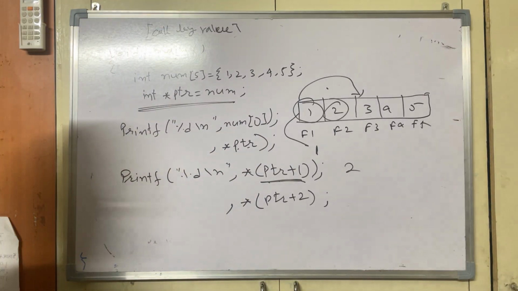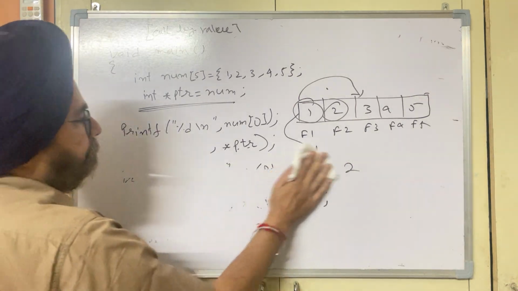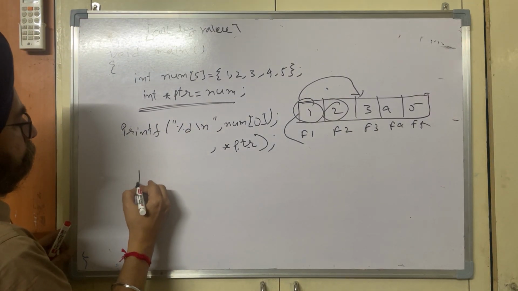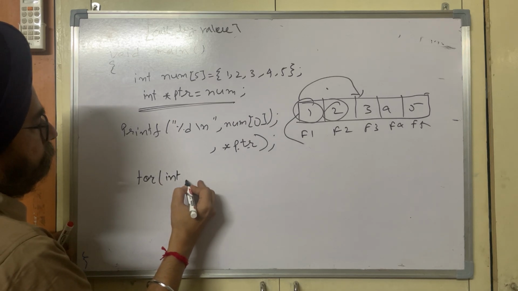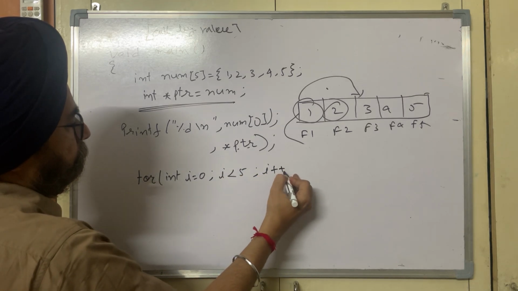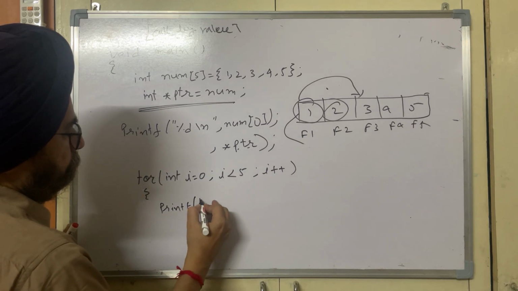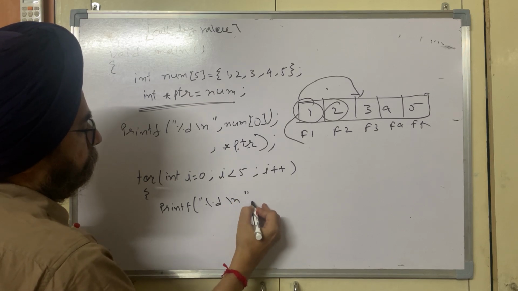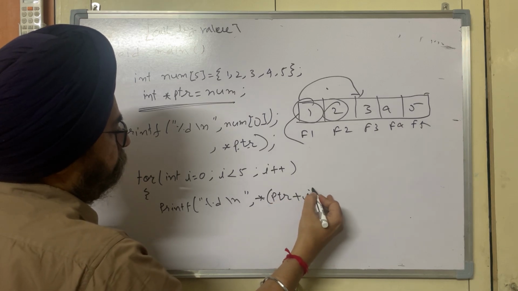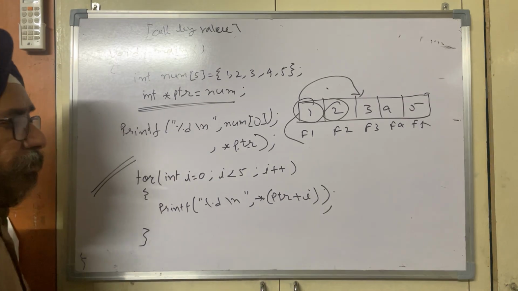Here you can see how we approach the loop statement for the pointer. Very important part, how to deal with the array.